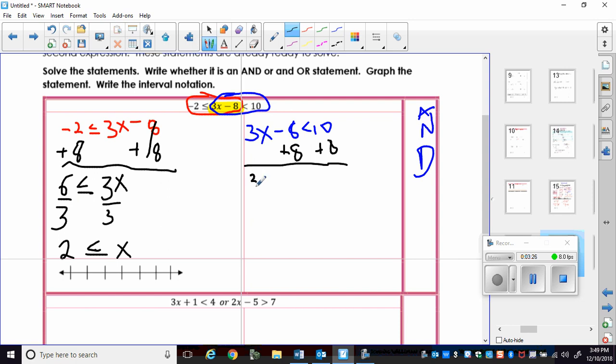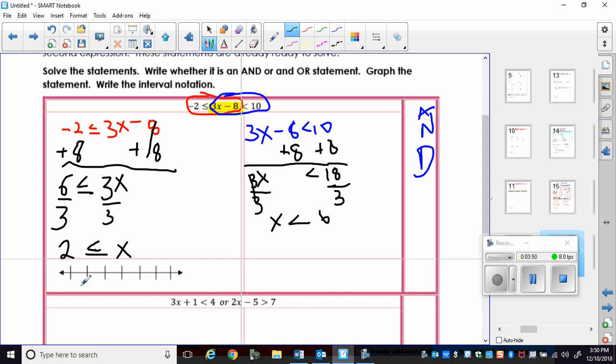I get 3x less than 18. Divide both sides by 3, and x is less than 6.